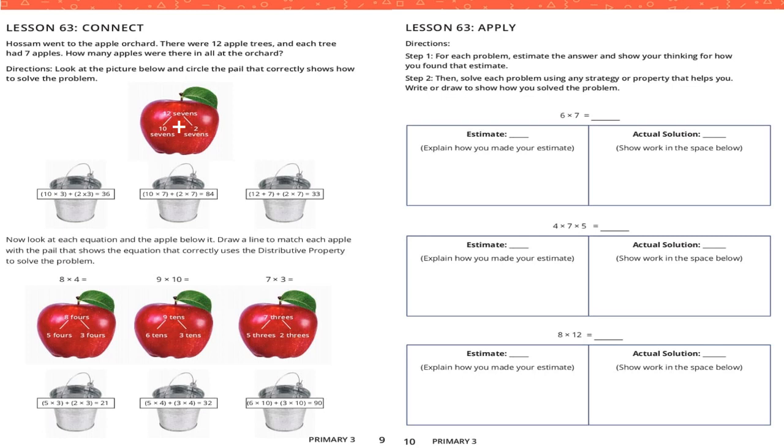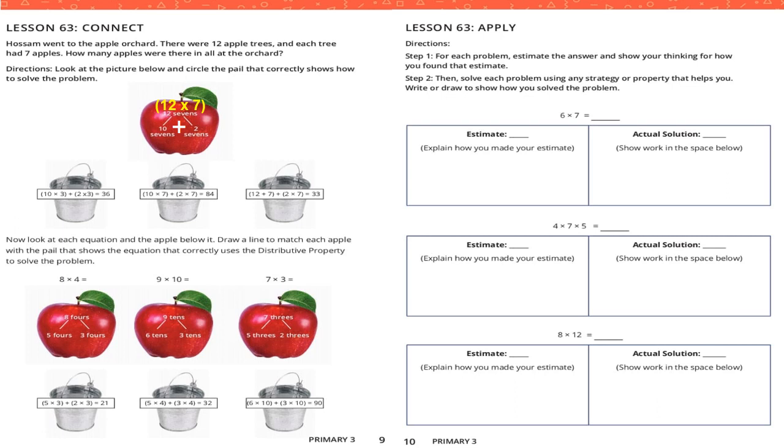We have here 12 apple trees. Inside each tree contains 7 apples. So let's connect, or let's match this apple to the correct pail. Here in this apple I have 12 sevens. 12 sevens means 12 times 7, because we have 12 apple trees.